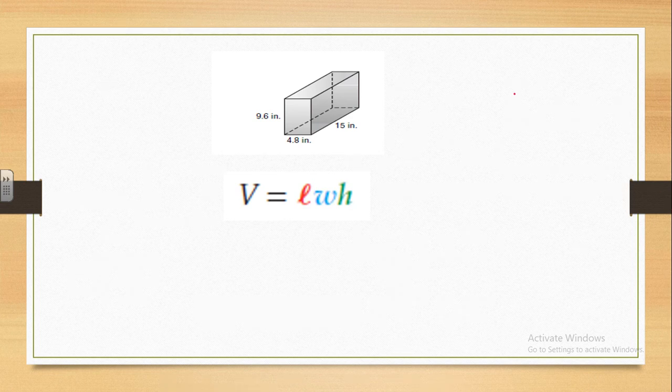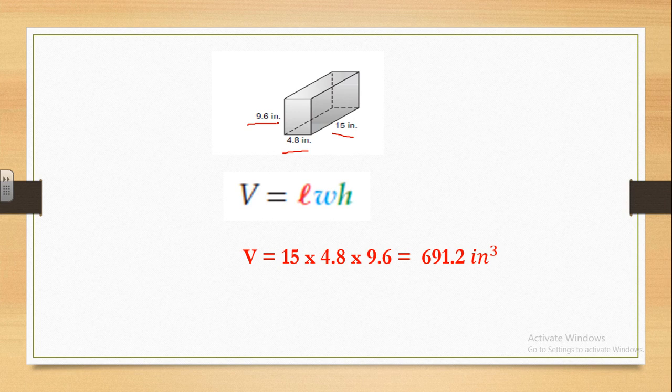And of course, like we said before, if we look carefully in the picture or in the question, we will see that it gave us the three numbers that we need to find the volume. So that will be 15 times 4.8 times 9.6, and when we multiply that we will get 691.2 cubic inches. Okay, you got it, my dear?